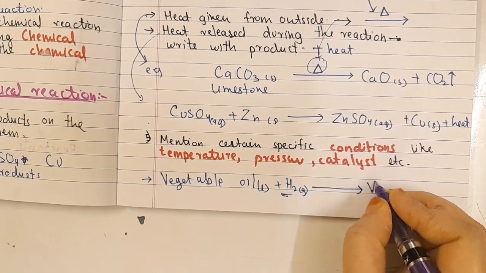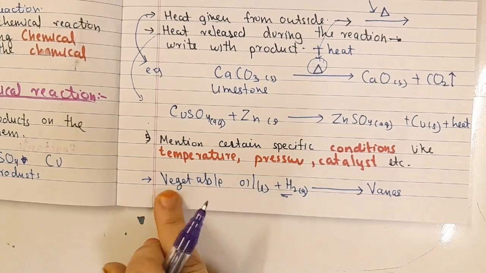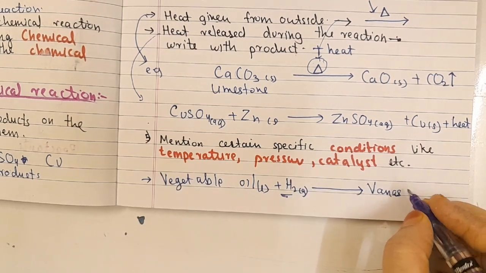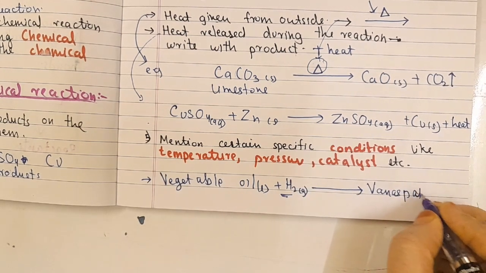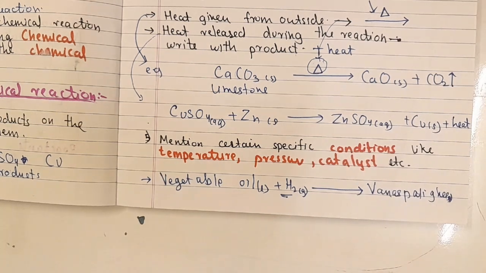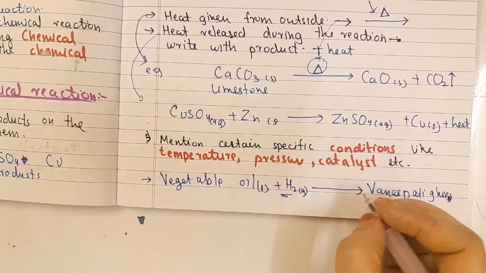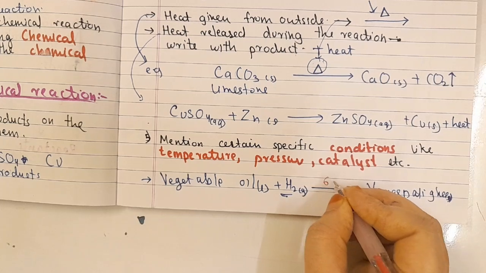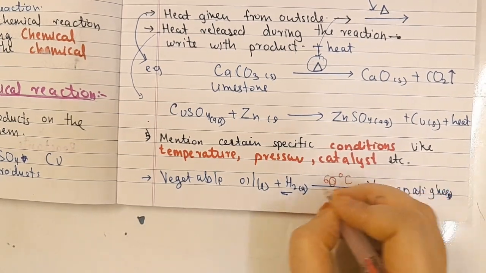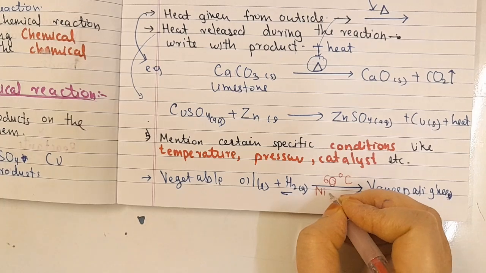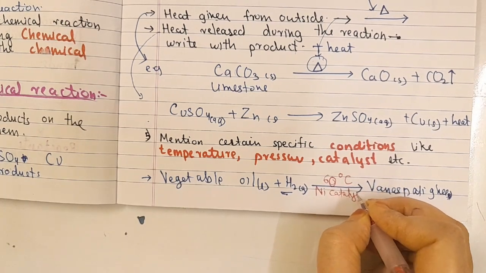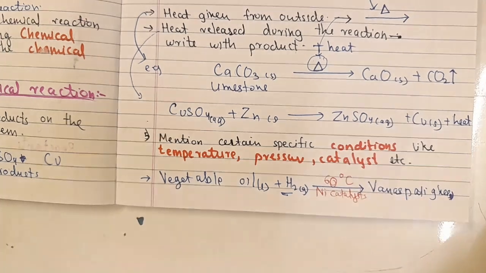When we mix the vegetable oil with hydrogen, it gives the product vanaspati ghee in solid form. We write the parameters on the arrow. We provide a temperature of 60 degrees Celsius, and we use a nickel catalyst. Nickel is a metal used as a catalyst to speed up the hydrogenation reaction.